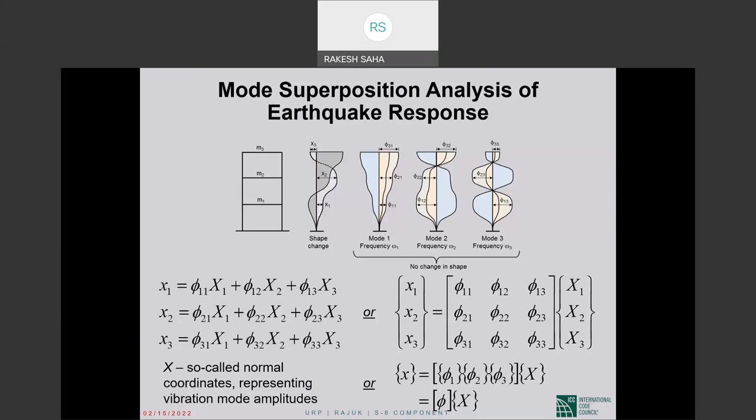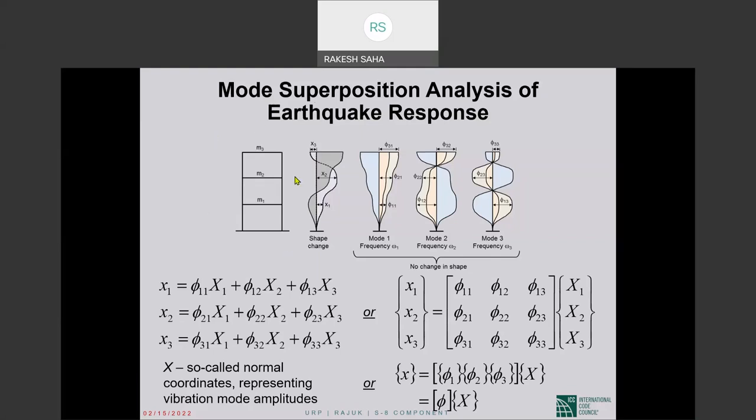And if we further assume that those masses are allowed to move only in the left to right direction, that there is no perpendicular movement possible or rotation, then we have a 3-degree of freedom system, as many degrees of freedom as there are stories in the building. So that would be the simplest representation of a multi-story building that can still give us acceptable results.